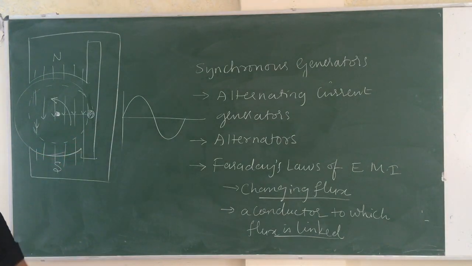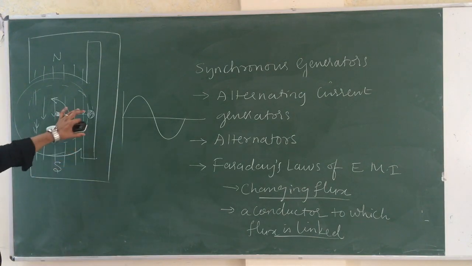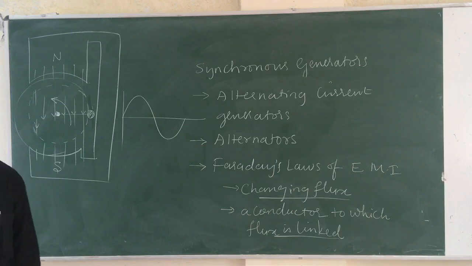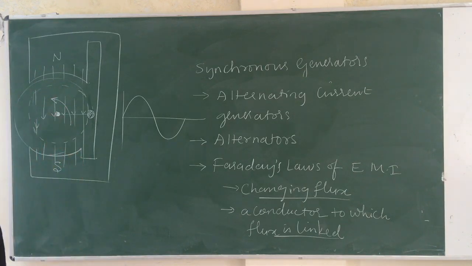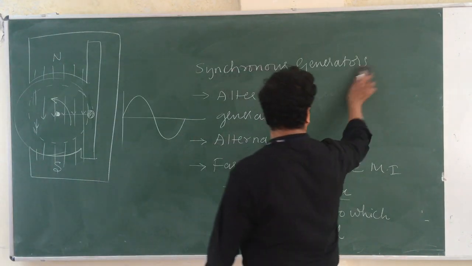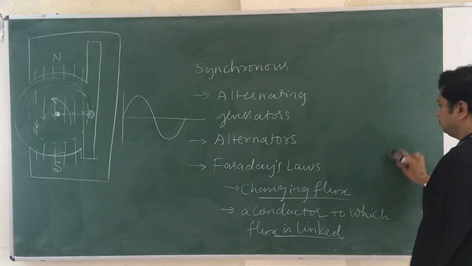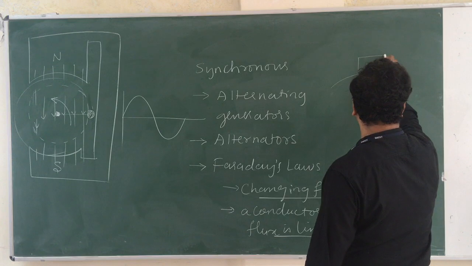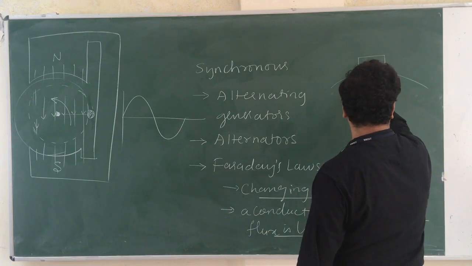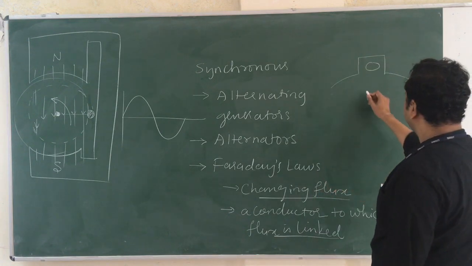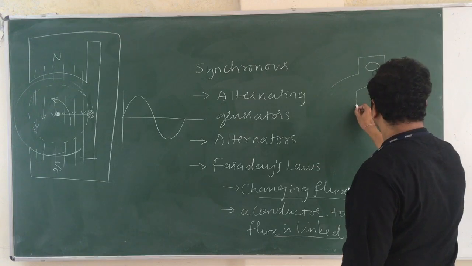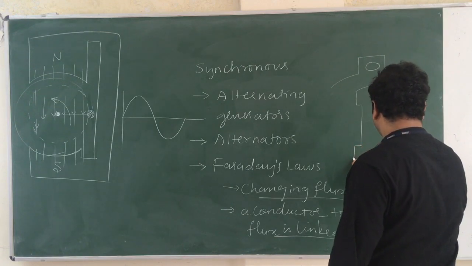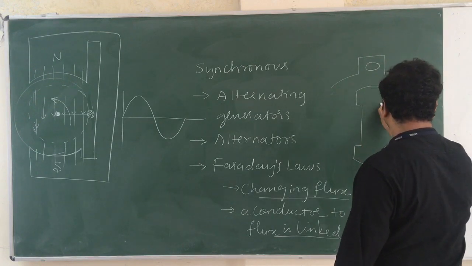The second arrangement what I can do is, I can keep the conductor stationary and I can make the magnetic field rotating. Okay? So what I will do now, I will keep this conductor stationary. And I will make a two-pole magnet rotate.